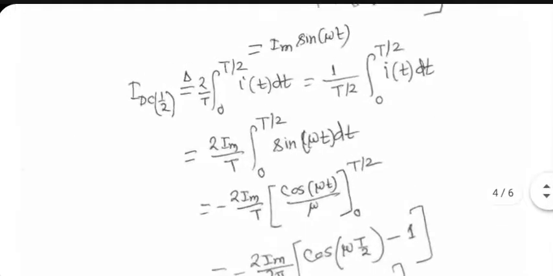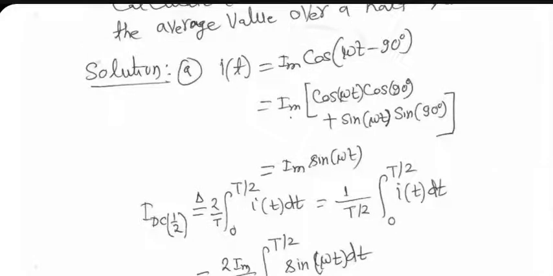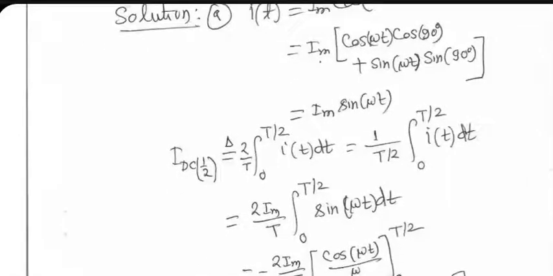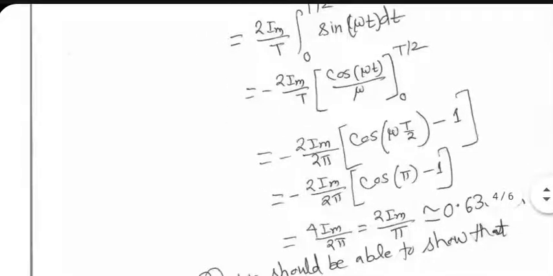This is something which can be of significance in many cases. Over half a cycle, I define the average value of this given current as shown here. IDC, within brackets, I'm writing 1/2 to show that this is average value over half a cycle. The definition is 2 divided by capital T, integration between 0 and capital T by 2, i(t) dt. And you can follow the math. This answer is not 0. It is actually 0.6366 Im.